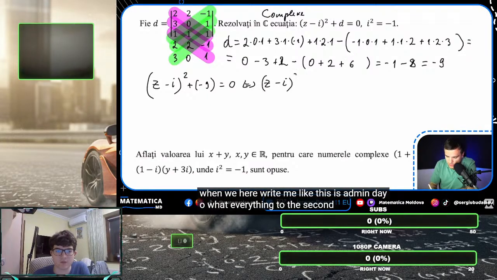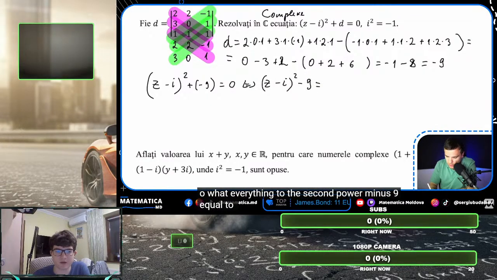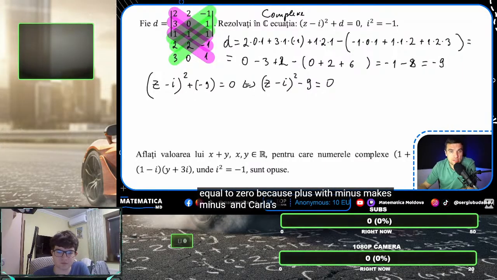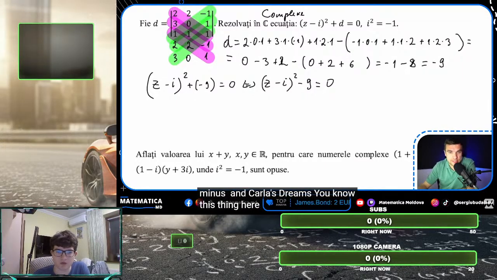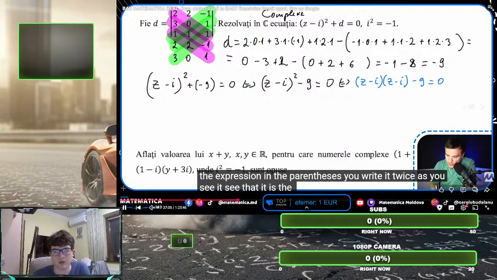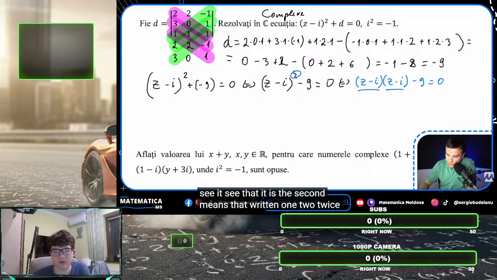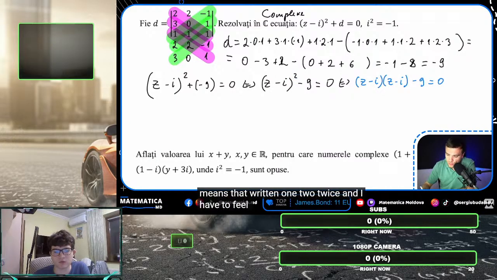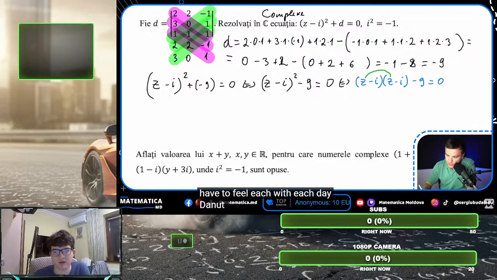So then you're gonna plug in the minus 9, so you get this, essentially. Now you use the formula. If you have power of 2, you can split it like that.